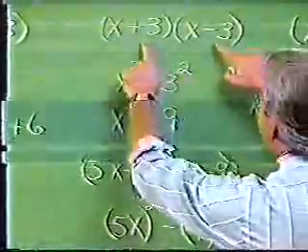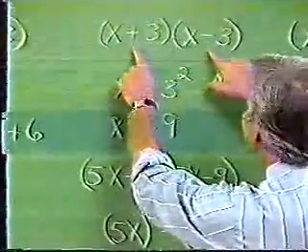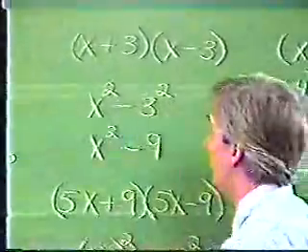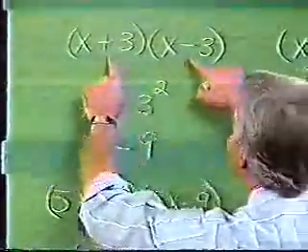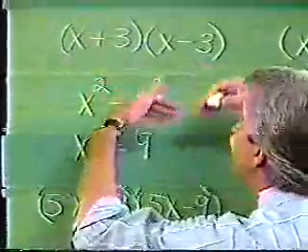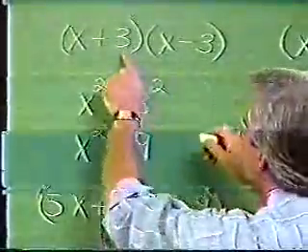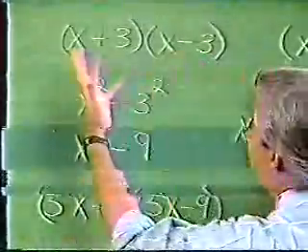This is a rather special kind of product. This is the sum of two terms times the difference of the same two terms. And it turns out that the result of this multiplication is rather predictable. Now, notice what happens. If we followed the FOIL method, the middle term would actually disappear. The two terms that are combined to give the middle term go out, because it would turn out to be 3x with negative 3x, and they would add out.